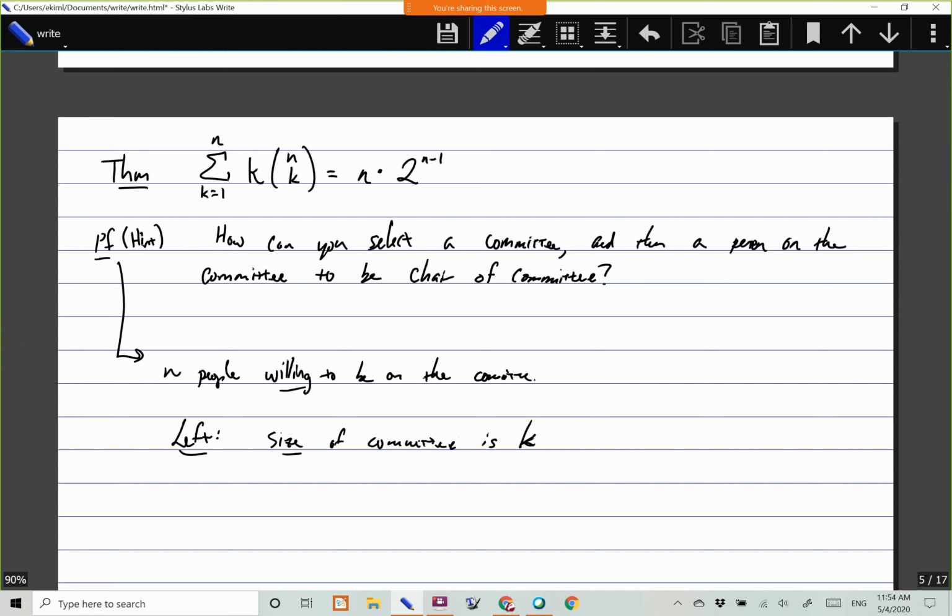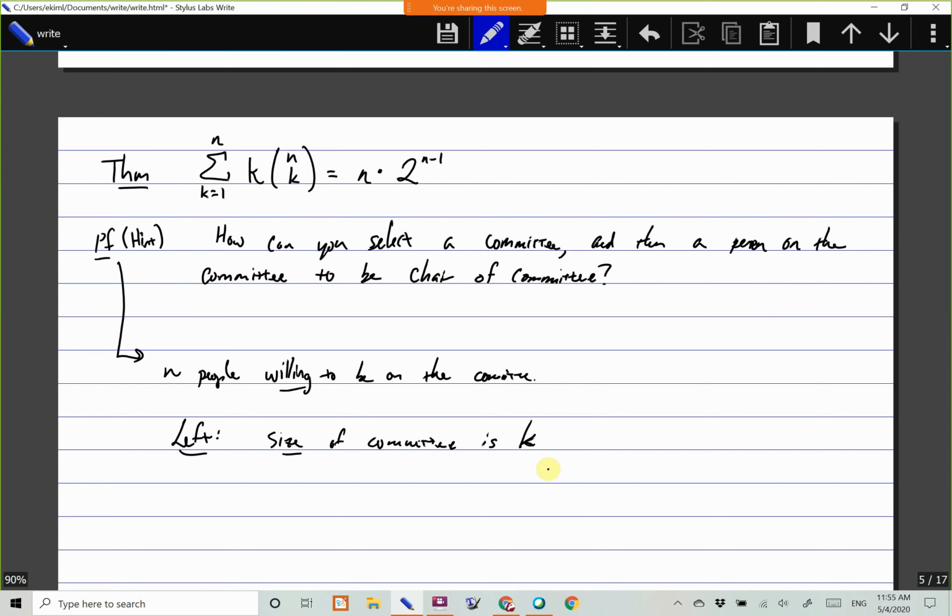The reason for the sum from k equals 1 to n is that the size of the committee is either 3 or 4, but those are separate situations. You don't get both. It's one or the other: size 3, size 4, size 5, or whatever. So that's why there's this sum.